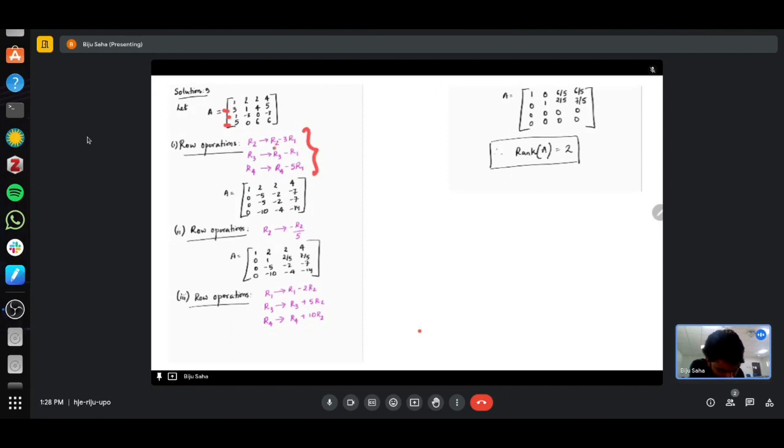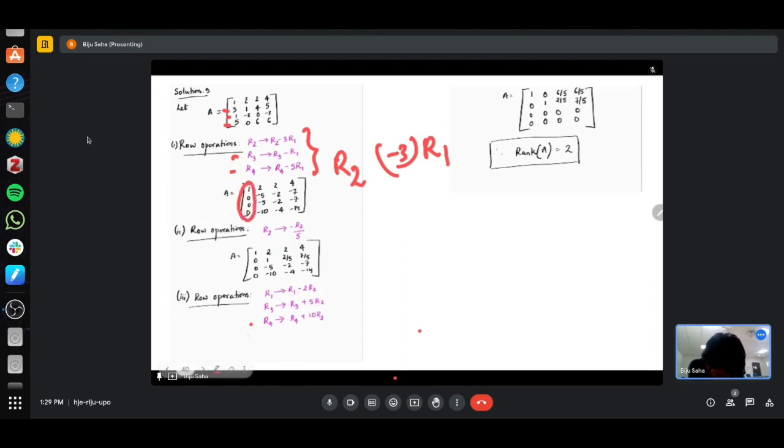We add a multiple of R1 to R2. This is one of the allowed row operations. Similarly, we perform operations on R3 and R4, making all the entries in that column 0. So we have done our operations with the first column.